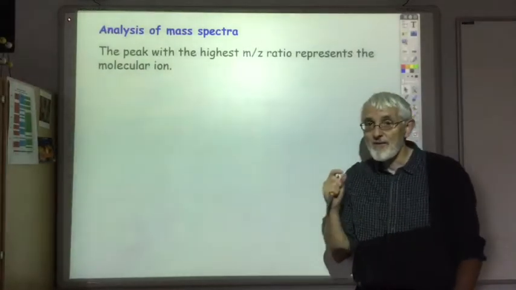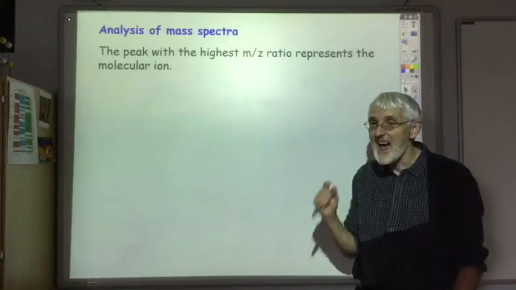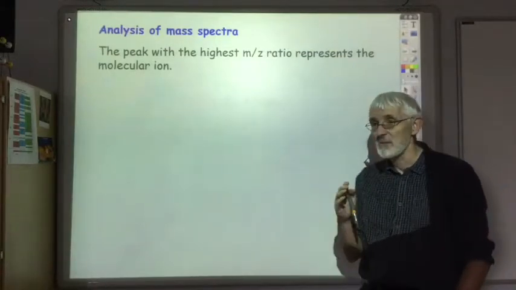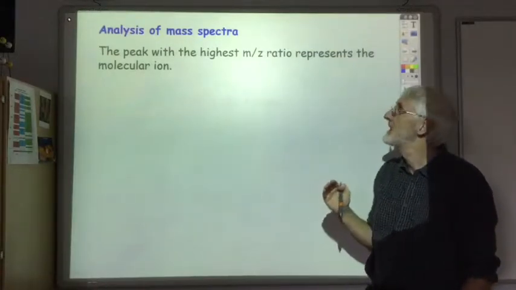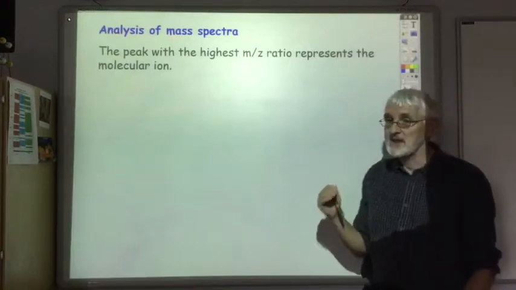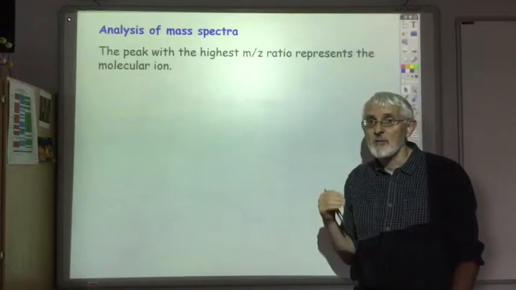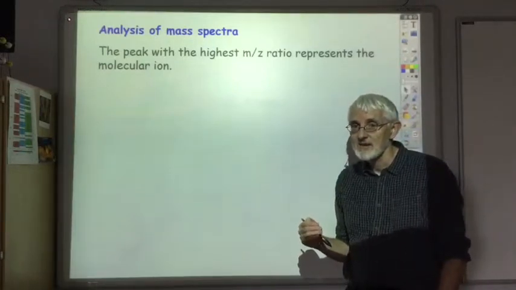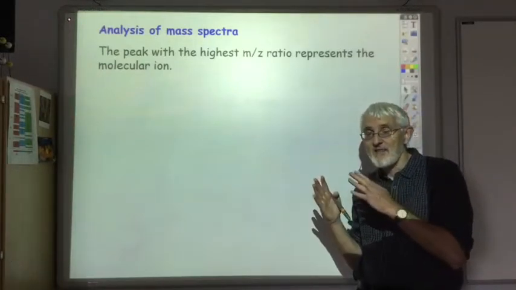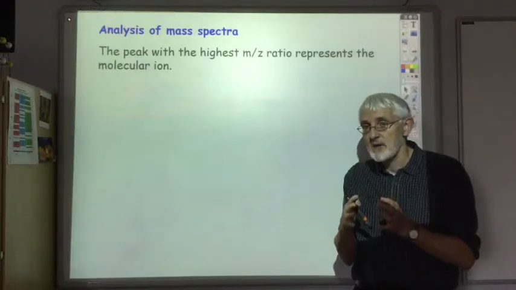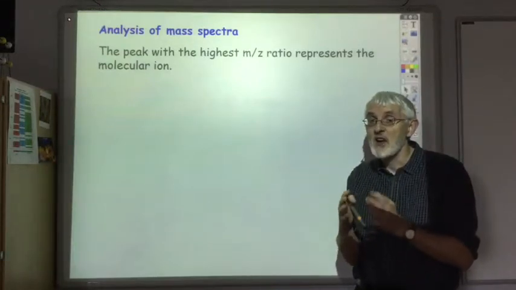Right. The first thing to do is look at the highest peak. By that I mean the heaviest peak, the peak with the highest M to Z ratio, because that represents the mass of the molecular ion. Some of the vapour that is put into the ionization chamber won't actually be fragmented.